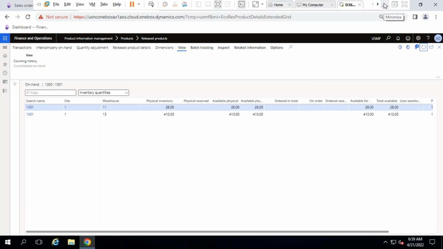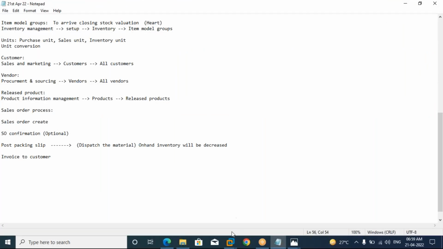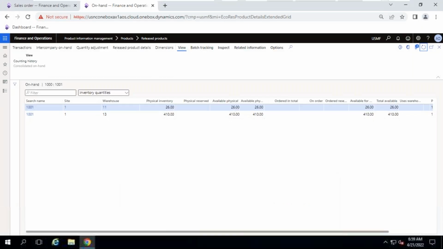In your warehouse 31 items are there, and 5 items you have sent to the customer through courier, truck, or auto, whatever it may be. You have dispatched 5 quantity, so from 31 it becomes 26.